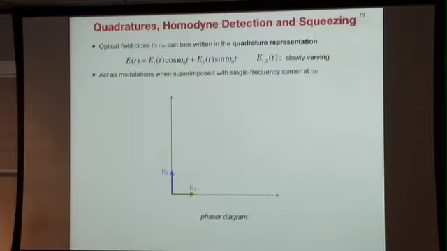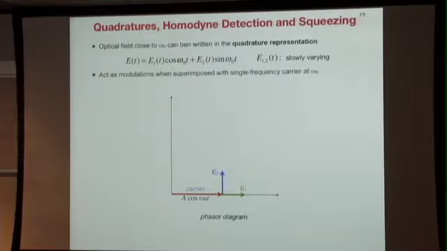So just to talk about the basics, in order to describe the quantum modifications a little better, let's separate the electric field, or the optical field in general, into quadrature fields, basically E1 cosine omega 0 t plus E2 sine omega 0 t. And this omega 0 is the carrier frequency in the experiment, and these E1, E2 are supposed to be slowly varying. Then in the phasor diagram, we can plot the E1, E2 on different axes.